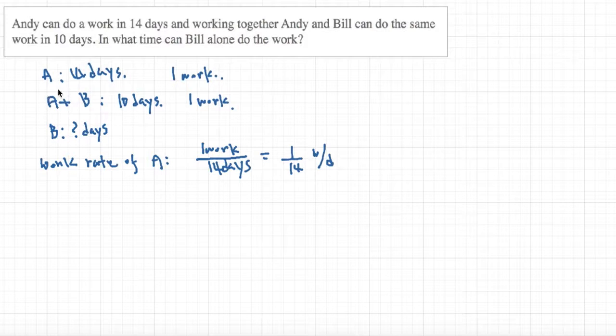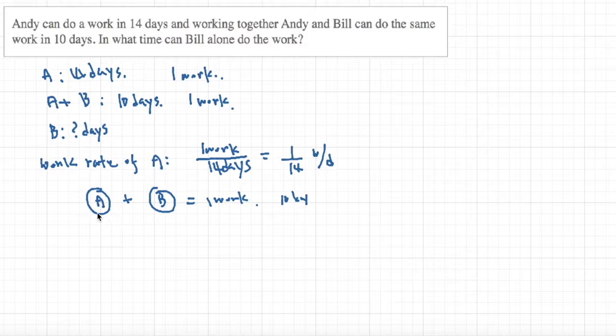From the second part of the information, the amount of work done by Andy and the amount of work done by Bill, when we add up these two amounts of work, it should be one work. And the time it took was 10 days.